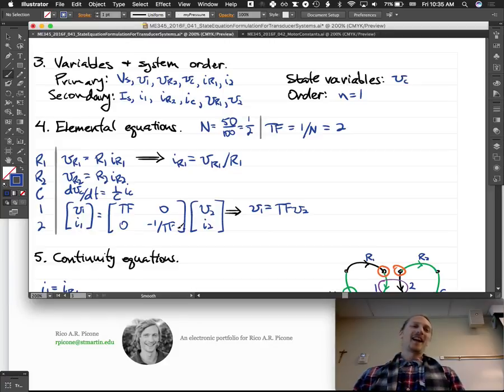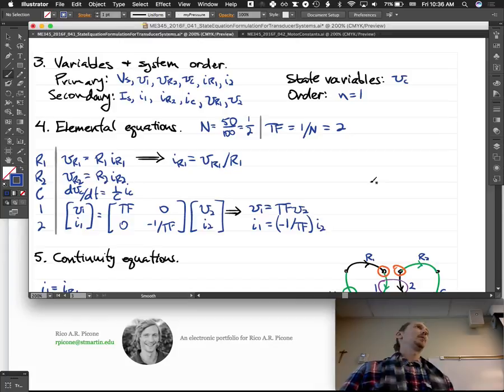So then I1 is equal to 0 times V2 plus negative 1 over TF times I2. And to absolve ourselves of any ambiguous notation, we'll put parentheses around it.